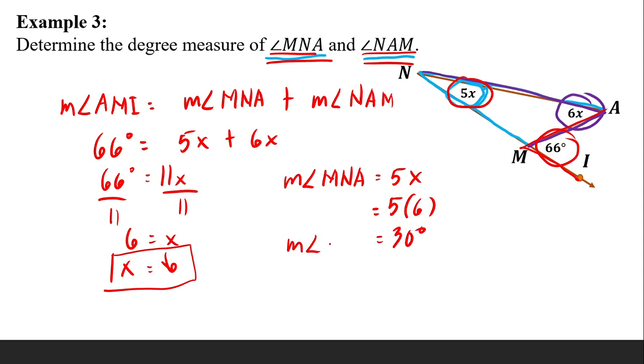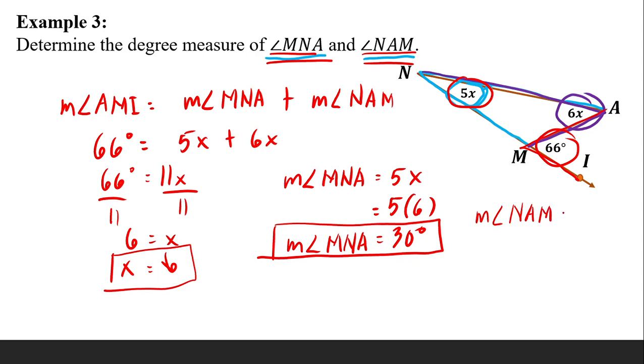So measure of angle MNA is 30 degrees. Next, measure of angle NAM has a degree measure of 6x from our given. Substitute x, which is 6. That is 6 times 6, and that is 36 degrees. So measure of angle NAM is 36 degrees.